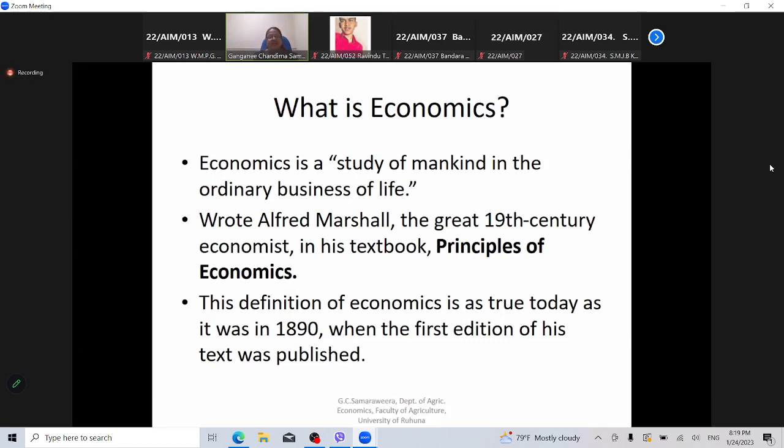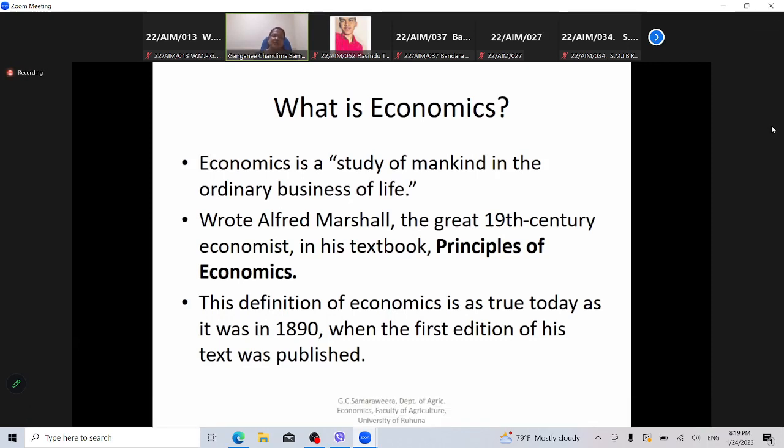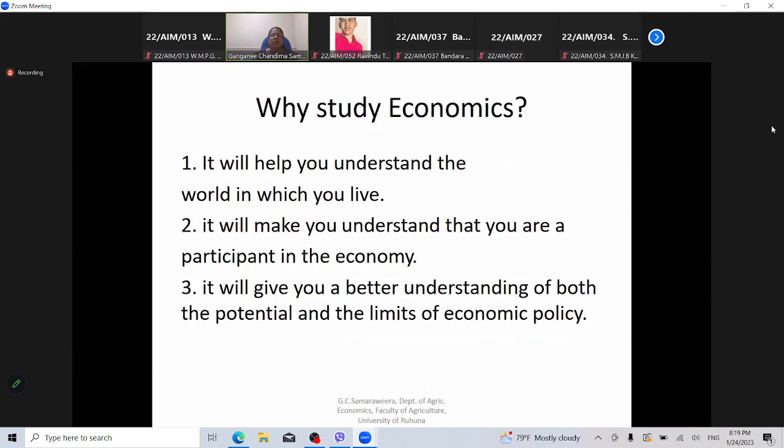That means study of ourselves. So this definition of economics is as true today as it was in 1890, because Alfred Marshall explained this in 1890.